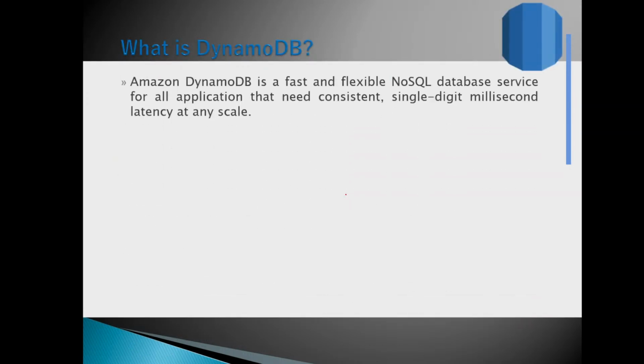Now, what is DynamoDB? DynamoDB is a fast and flexible NoSQL database. Again, I am highlighting, it's a NoSQL database service for all applications that need consistent, single digit millisecond latency at any scale. It's very fast.